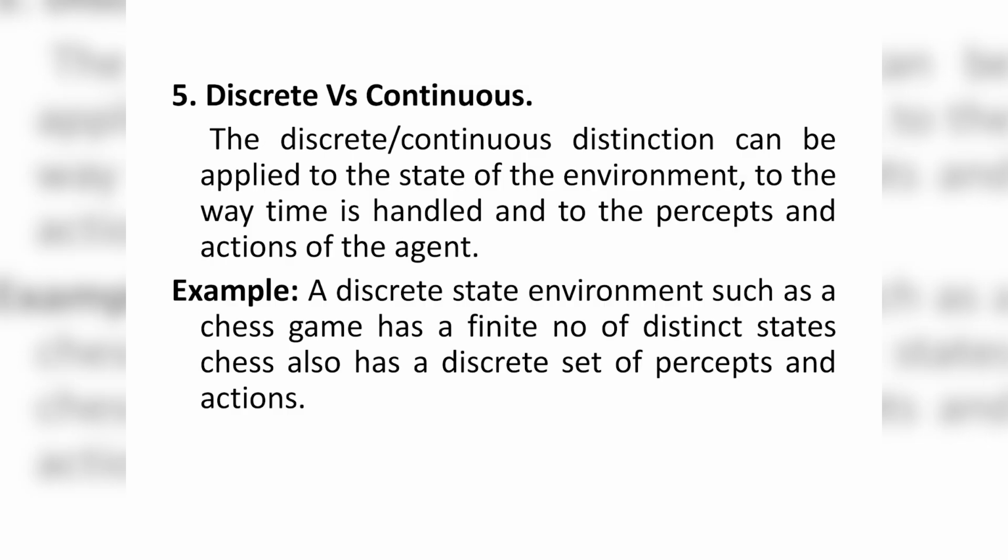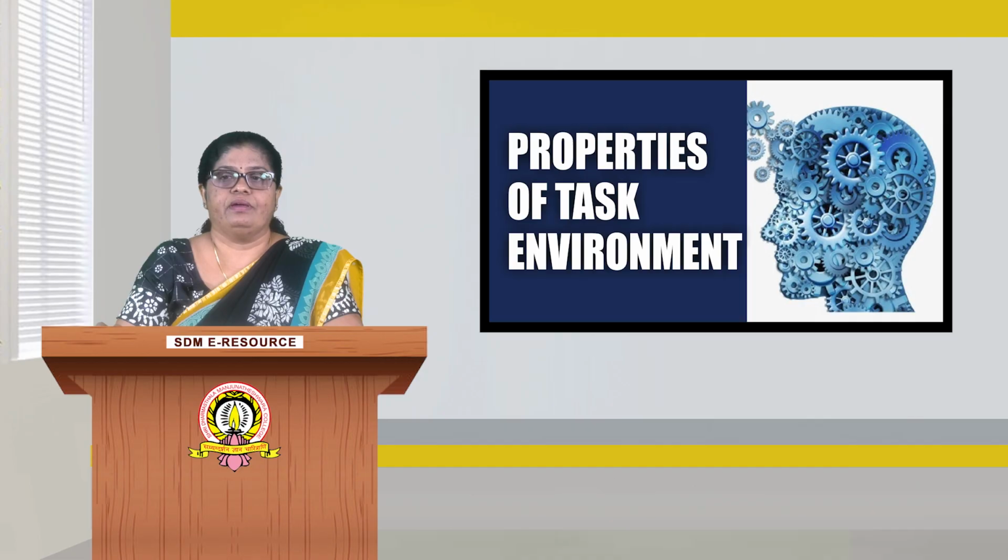The fifth type is discrete versus continuous. The discrete or continuous distinction can be applied to the state of the environment, to the way time is handled, and to the percepts and actions of the agent. A discrete state environment such as a chess game has a finite number of distinct states. Chess also has a discrete set of percepts and actions. Taxi driving is a continuous state and continuous time problem.